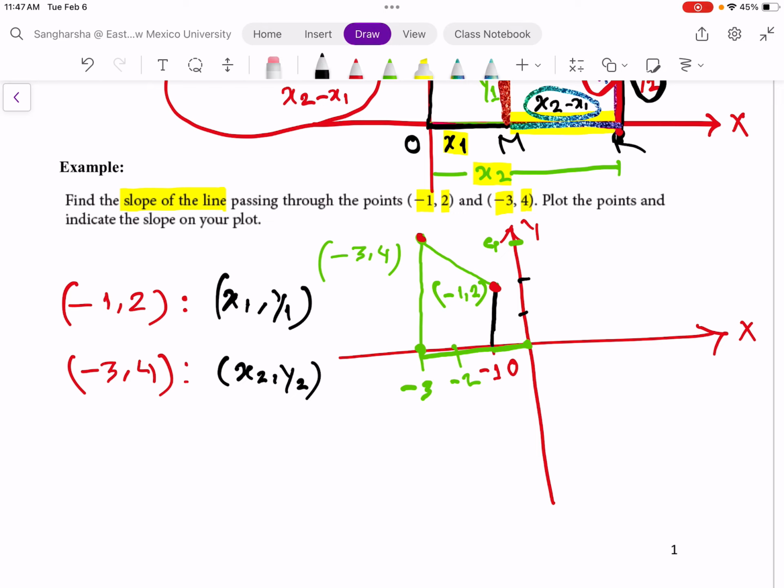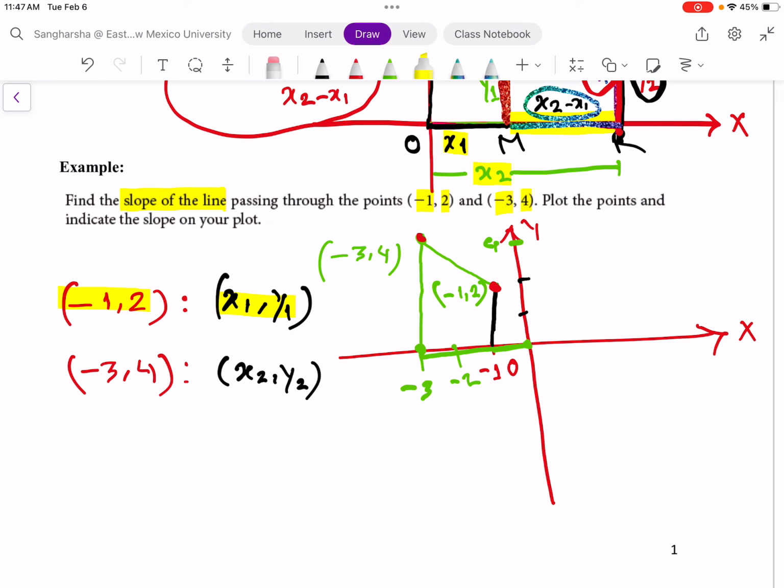Now we make a comparison. If we compare negative 1, 2 with x1, y1, what do we have for x1? Negative 1. So our x1 is negative 1.